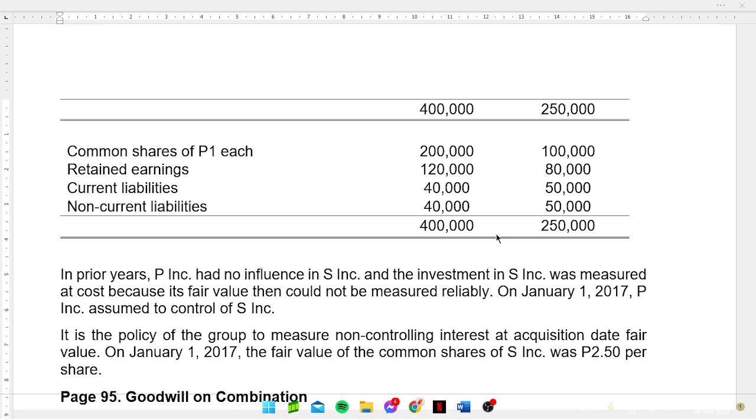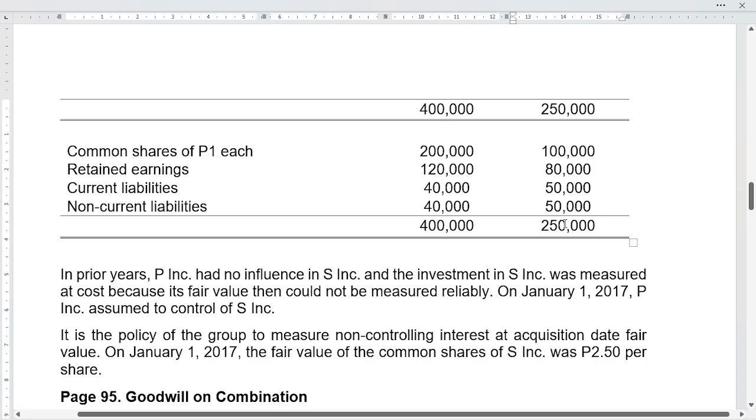Now, kapag i-add mo, 100 plus 80 plus 50 plus 50, nagkaroon lang ng typographical error. Yan ang current liabilities. Hindi dapat 50,000 yan. Dapat yan 20,000. O, i-add mo ngayon. Di ba tama? 250. 20,000 yan. Typographical error yan.